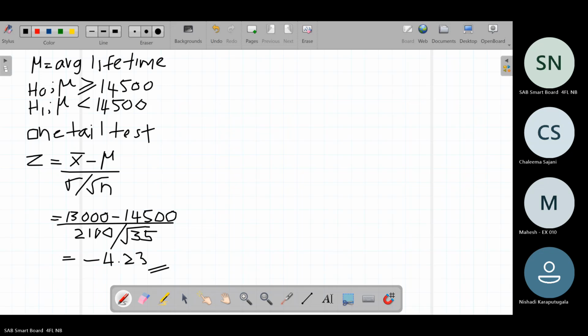Then we draw the normal curve. This is a one tail test, so which side do we need to shade? The less than side, your left hand side. In this question the level of significance is given.